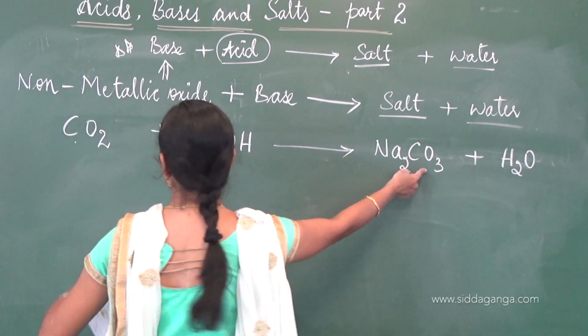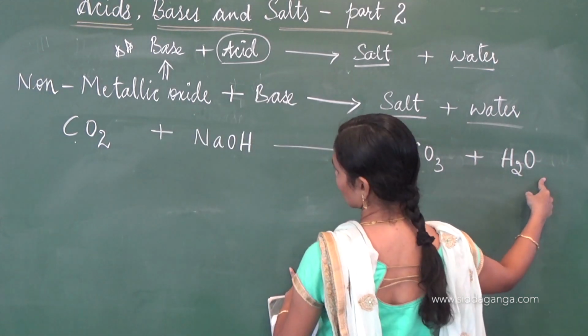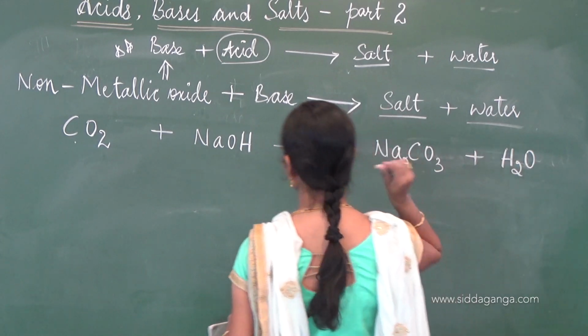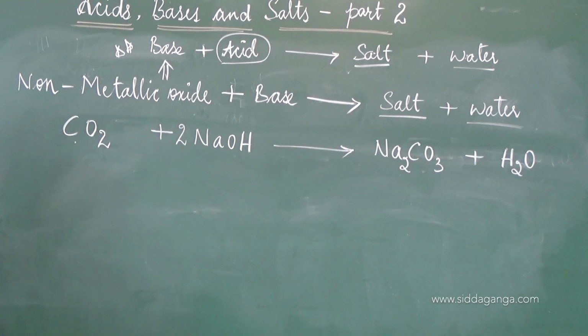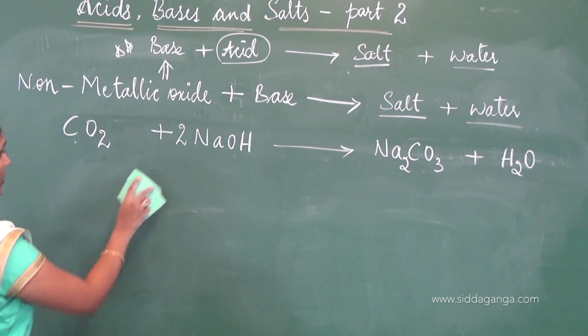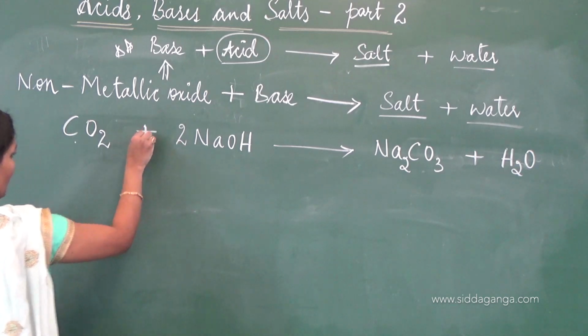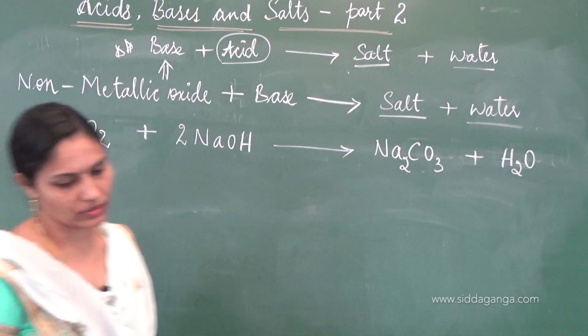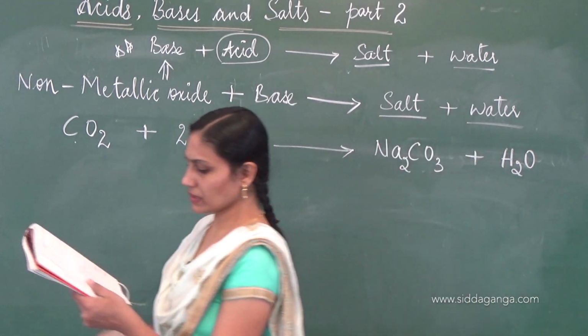Carbon is balanced, oxygen is 2 plus 1, 3, and here is 3 plus 1, 4. So we need to balance sodium as well. I'll put 2 here, and now the equation looks balanced, right? So shall we quote another example?